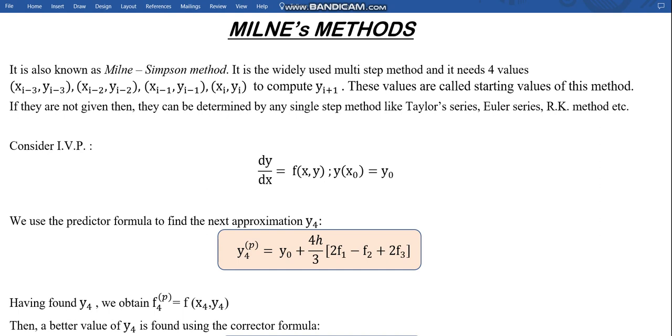But in the multi-step methods, we require either one or two or maybe four to find out the next approximation. So these values, as you can see, these four values are known as the starting values of this method. If they are not given, then we can find them using the Taylor series, Euler's method or Picard's method, like the other single step methods.